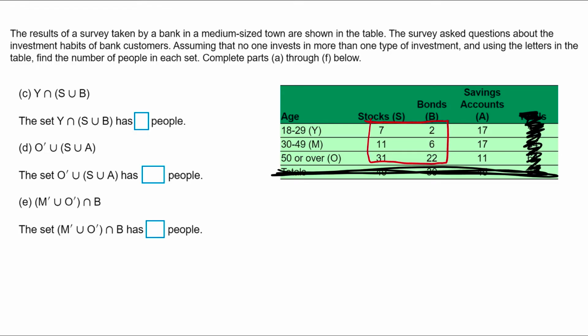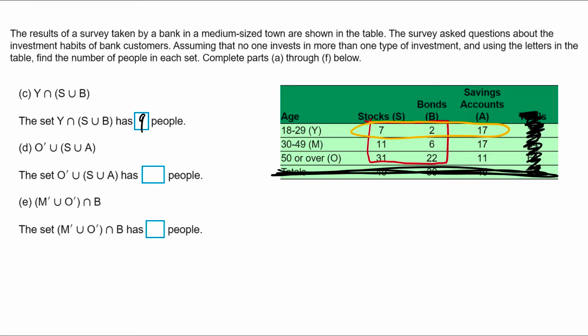Now we want to intersect that with Y. So now I'm going to circle everything in Y. The intersection is just literally where those two things intersect, my orange circle and then my red box. And those intersect at 7, 2. So 7 and 2 gives us 9.